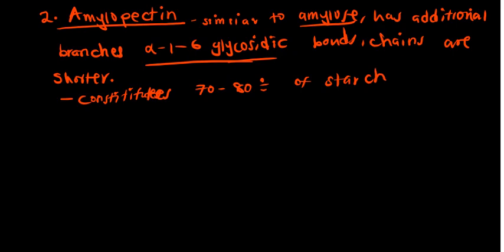Most of the starch is made of amylopectin, which are just chains similar to amylose, but they have additional branches which are formed by alpha 1 to 6 glycosidic bonds, because in amylose we just learned they have only 1 to 4 glycosidic bonds.